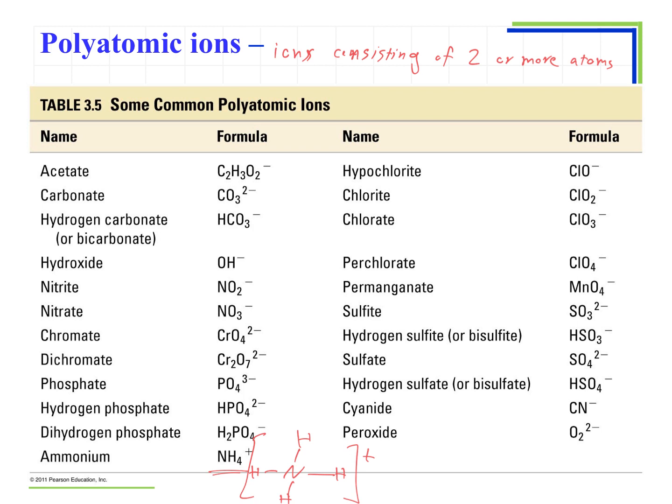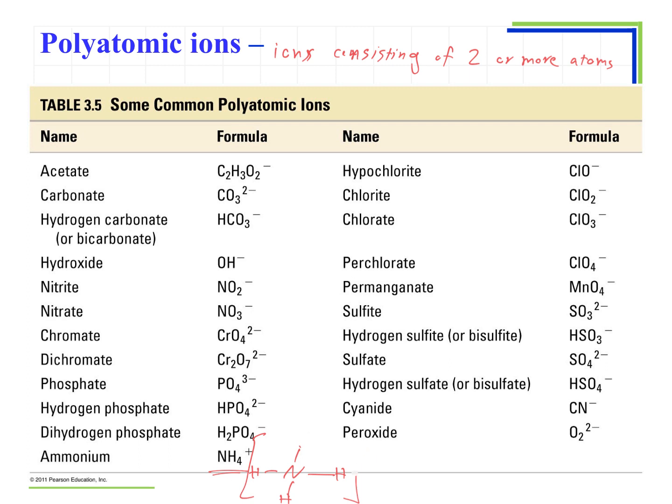Or cyanide, for example. You don't know this, but it just looks like this. So you have a negative charge, and that represents the whole atoms. It's on the whole molecule. So that's a polyatomic ion.